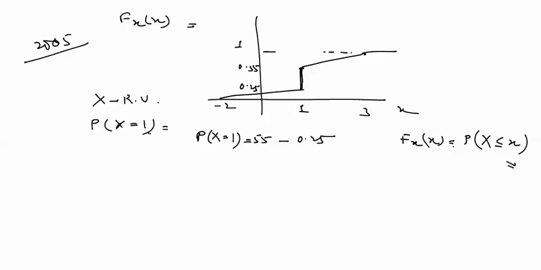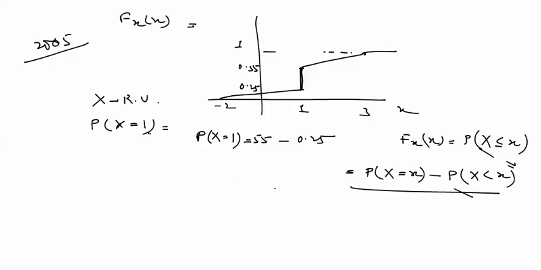If we want to calculate the probability at a particular point, we subtract the previous values from the current value: P(X = x) = P(X ≤ x) − P(X < x). So we subtract 0.55 minus 0.25, and the result is 0.3. So our answer is 0.3.